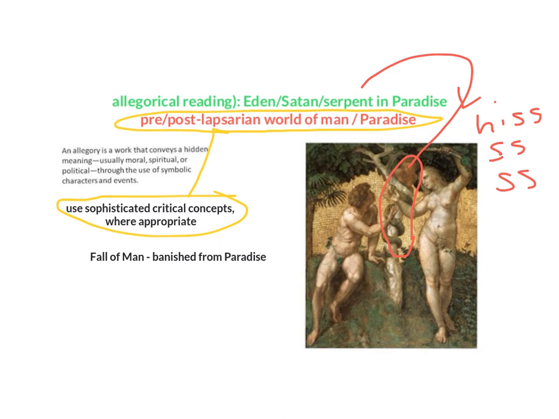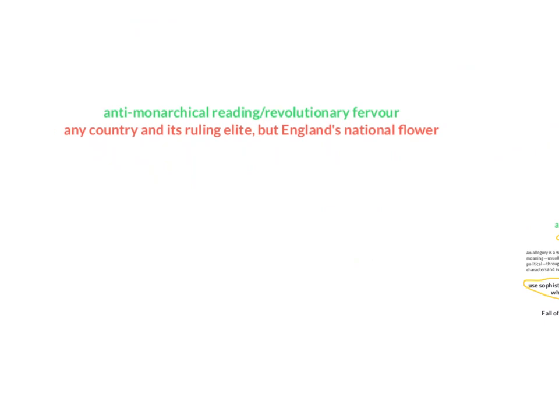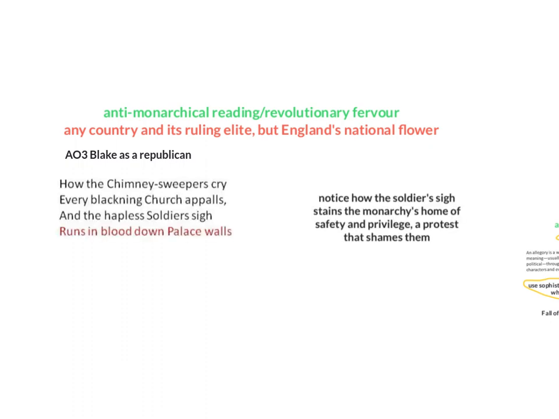Reading position number 5. So we're definitely into a very strongly historical reading here. And what I want us to consider now, again, this is useful for AO3, is William Blake being strongly anti-monarchical. There's a quote flashing up from his poem London, which we also study, and a little comment alongside that to help reinforce that point of view.